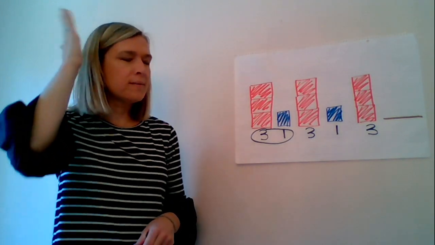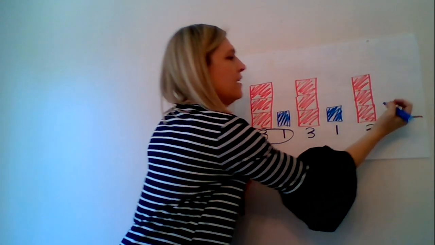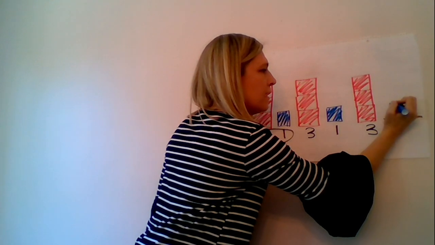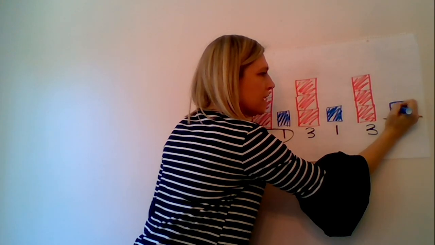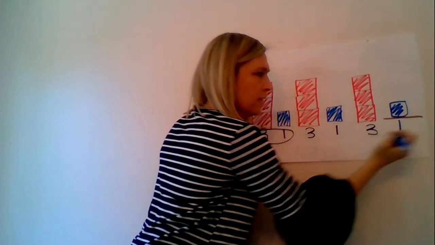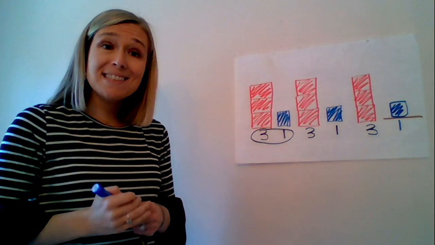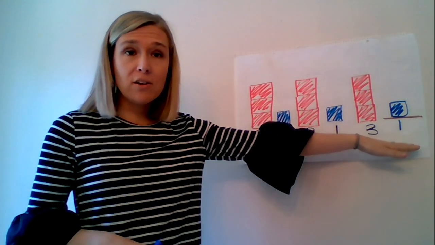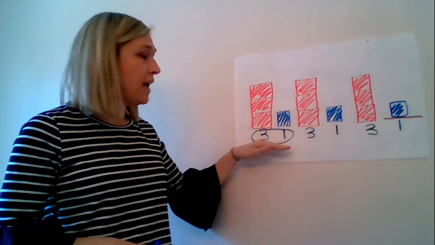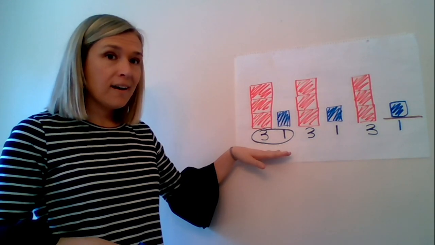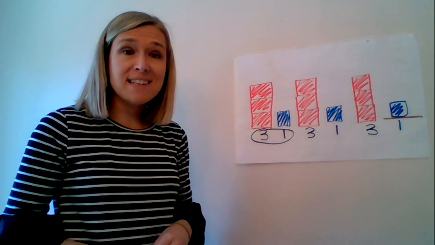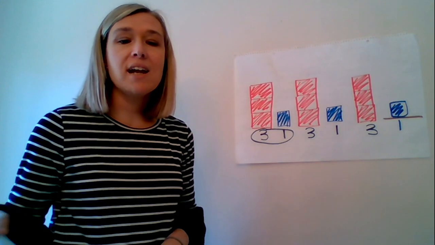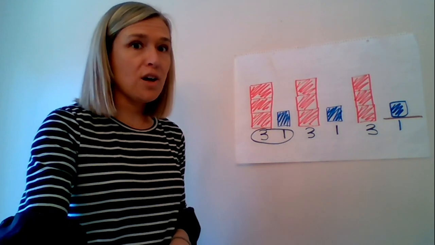Yes, kiss your brain. Good thinking. We have 1 cube. So we just extended, or made our pattern longer, by looking at our core and noticing what comes next. You guys have done an awesome job.